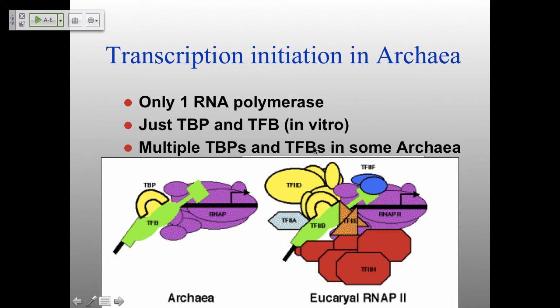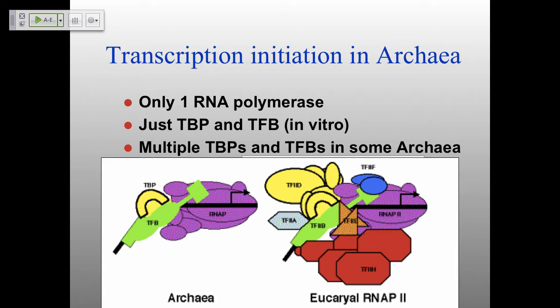There are some slight modifications that actually make the archaeal system a little bit more like the bacteria, and that is that some archaea have multiple TBPs and multiple TFBs. And so they can mix and match and exchange these out in terms of different promoters.